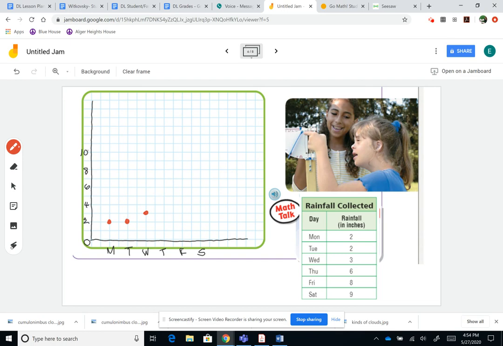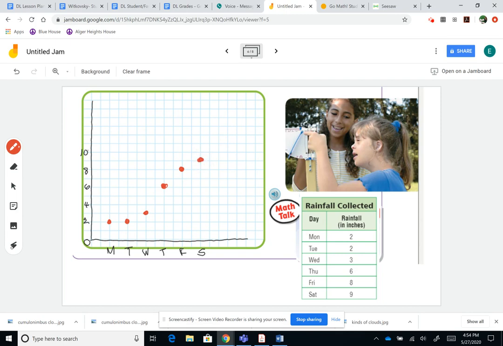On Thursday, the second T, there were 6, so that would go up to here. On Friday, there were 8, so we'll go all the way up to 8 on the F. And Saturday, there were 9, so use your common sense again and go in between 8 and 10.